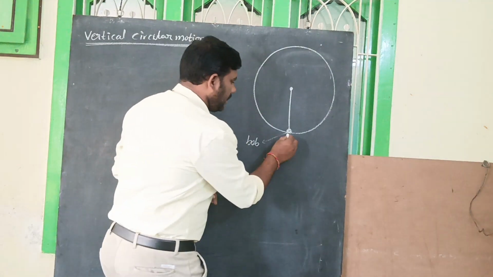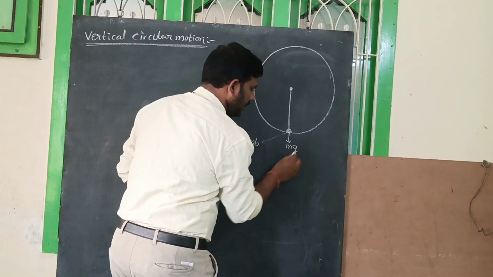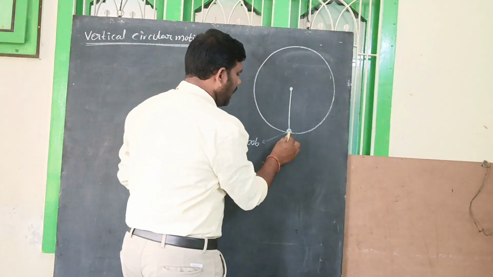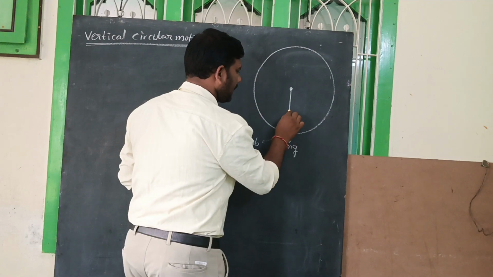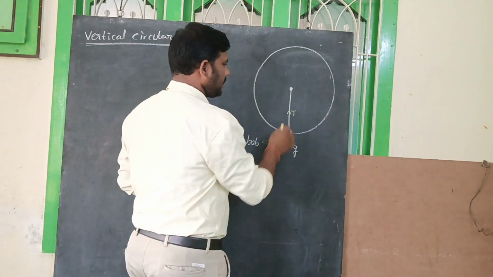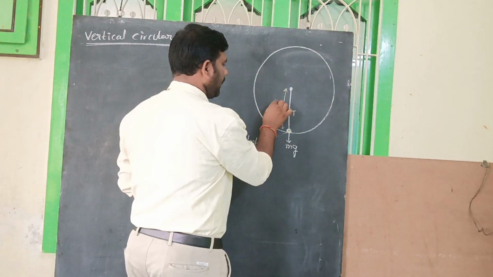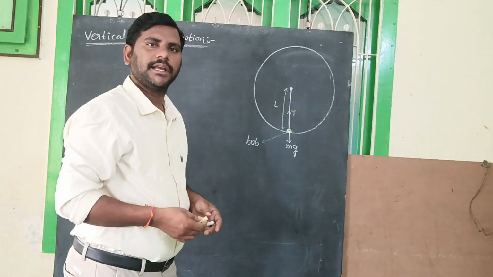The bob's weight, mg, always acts vertically downward, and the tensional force acts in the upward direction. The length of the string is taken to be L.